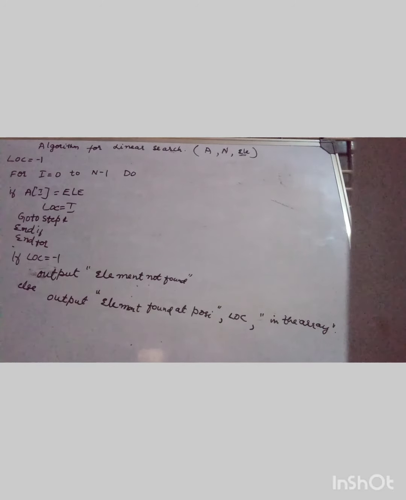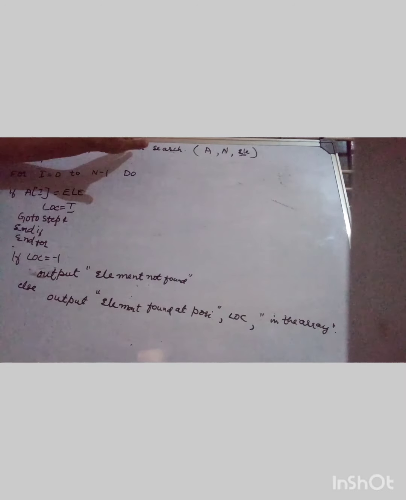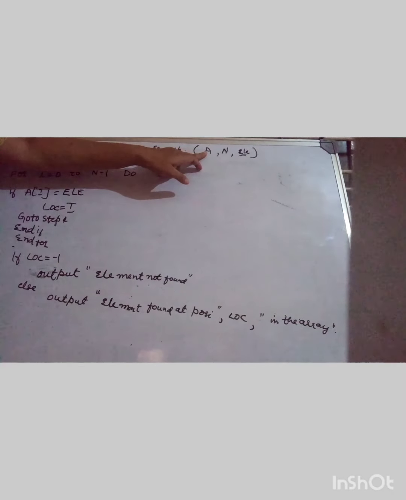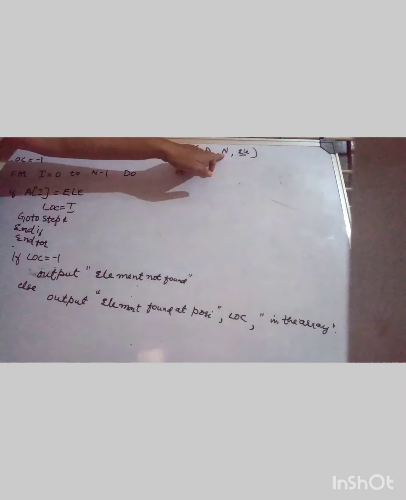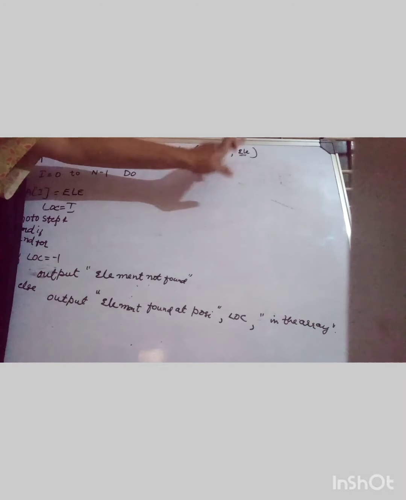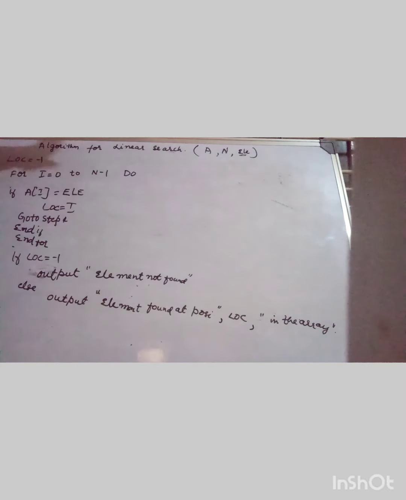Once again I will repeat. Linear searching is nothing but finding the location of an element in an array. Here A is the linear array with n number of elements. ELE is the element whose location has to be found. This algorithm finds the location of element ELE.